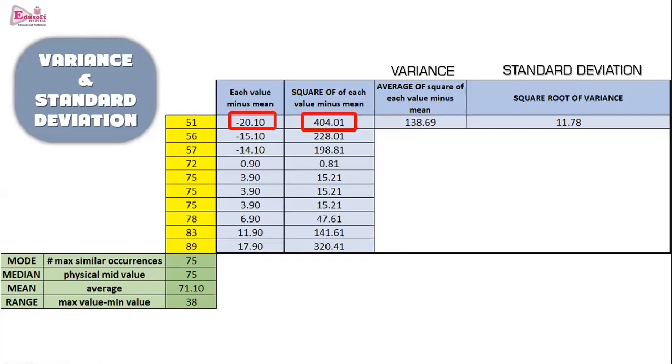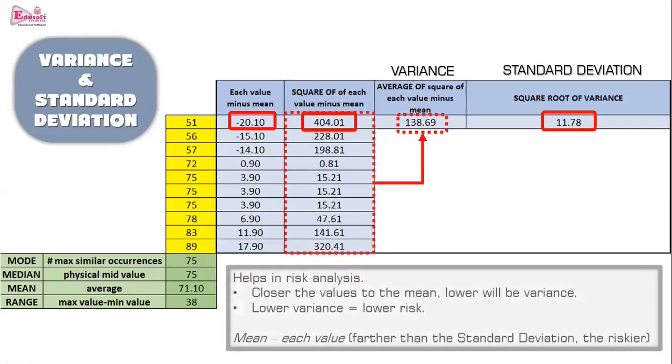As you see, the difference has been taken from the average. This entire set's average is the variance. Now, variance is very useful for people who are involved in risk analysis, like financial institutions, the investors, the share market players.